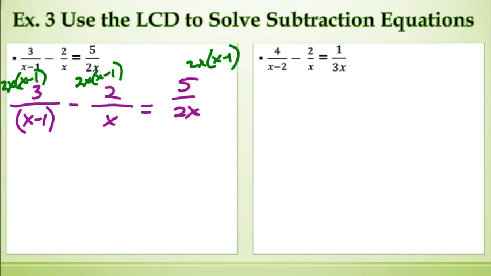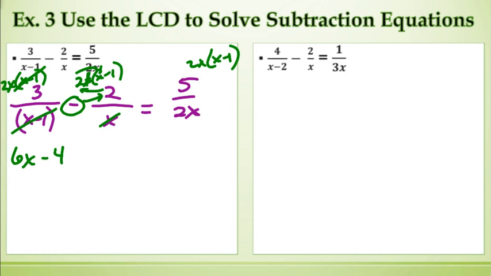So 2x times x minus 1 divided by x minus 1, the x minus 1's cancel out. 2x times 3 is 6x. I have an x down here and I have an x here. So now, again, I have to take this negative with this 2. So it's a negative 2 times 2, which is a negative 4, times x.